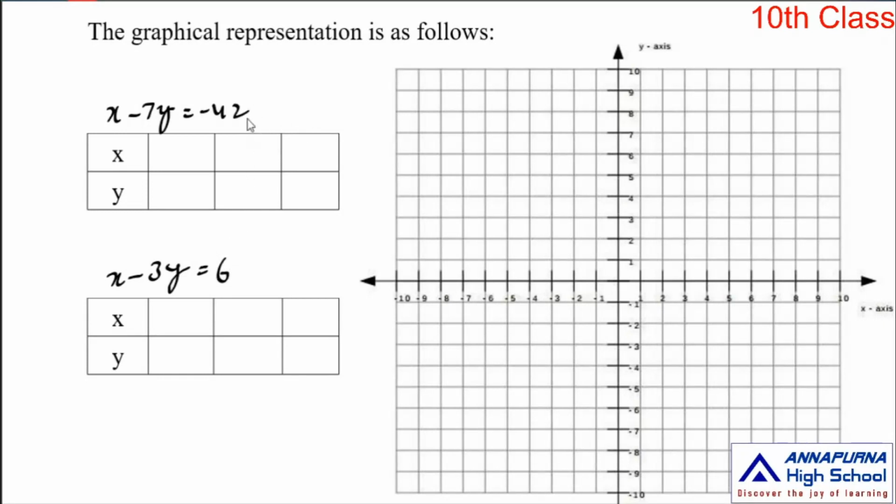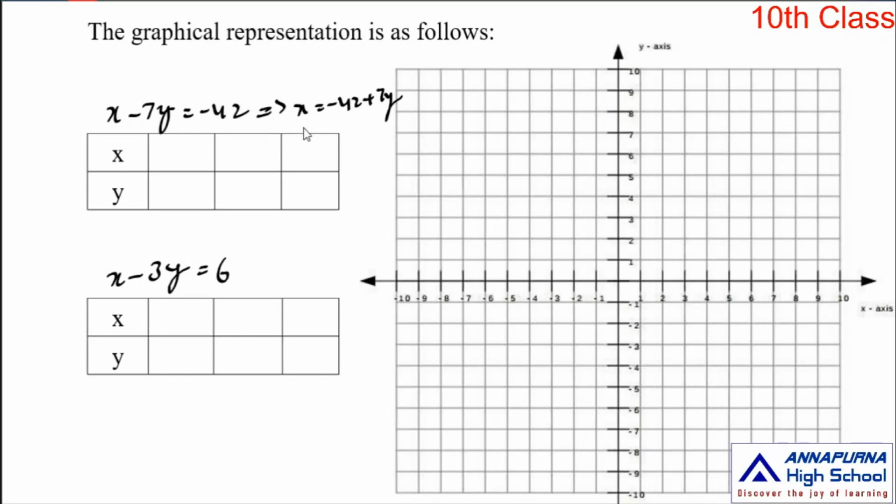To draw the graphs of these two linear equations, first find any three solutions which satisfy each equation. Let us take the first equation, x minus 7y is equal to minus 42. This implies x is equal to minus 42 plus 7y. Let us take some y values and find the x values.